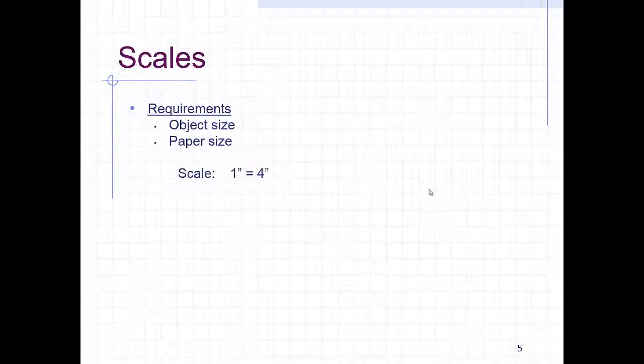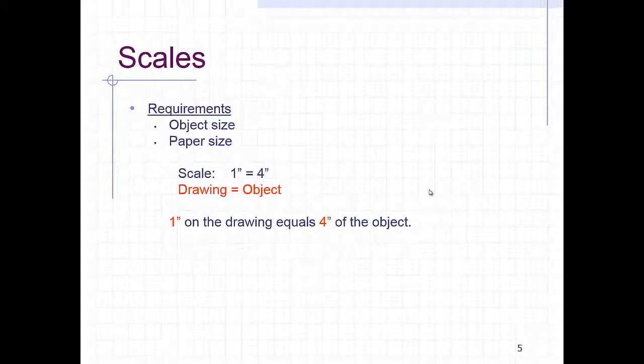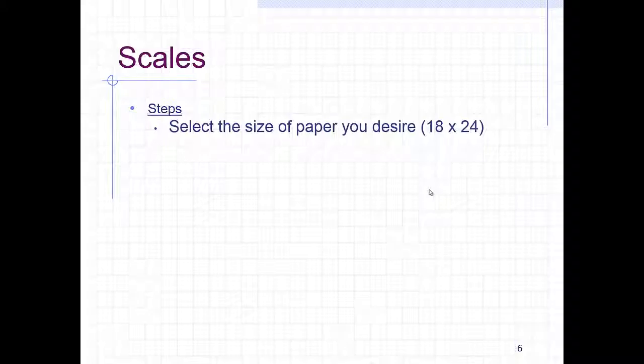So if we're actually laying things out on paper, we'd have to know what the real world object size is and what the paper size is. So here we have a scale of 1 inch equals 4 inch in the real world. And therefore we have a scale factor of 4 once I reduce that down.